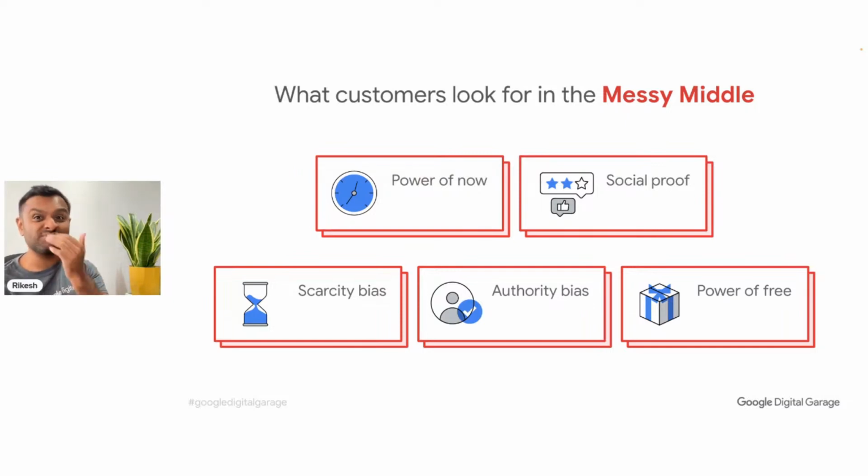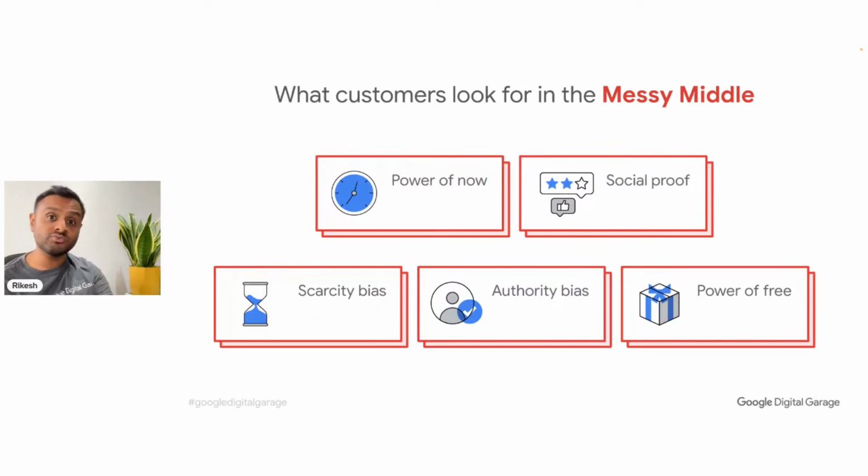If you think about the phrase "open now," so pizza restaurant near me, open now. That's what people tend to type in at times when they're looking for certain businesses. Are they open now? Open 24/7. So power of now can be an influencing factor for potential customers to navigate from the messy middle to purchase.